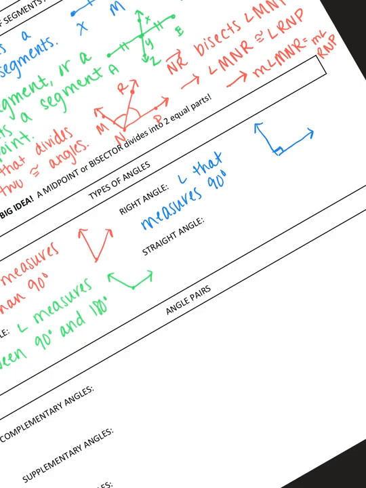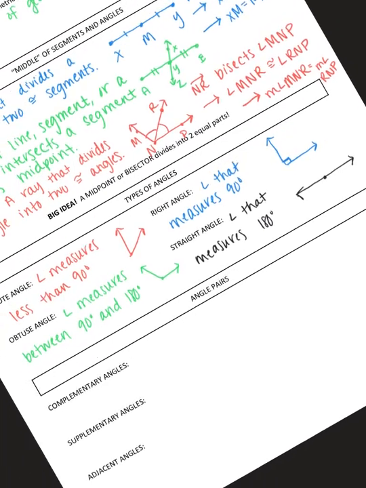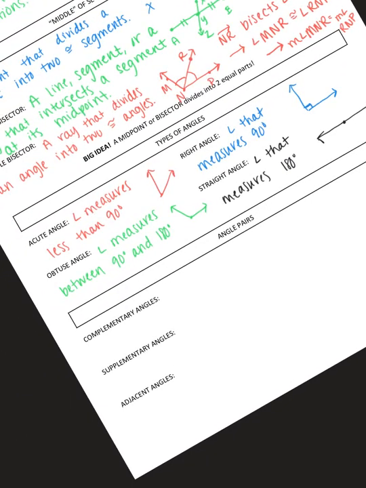And then a straight angle is an angle that measures 180 degrees. And so that looks like a straight line. It can have a vertex. Well, it should have a vertex as an angle, but there's no indication. You just identify it by noticing that the 2 rays make a line. So you know it measures 180 degrees. All right, types of angles.